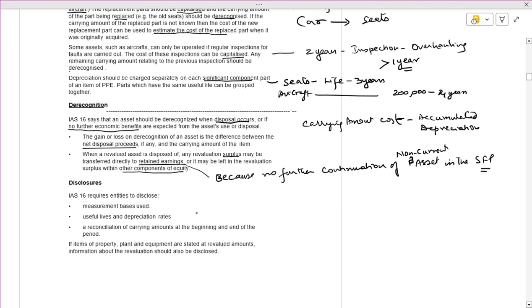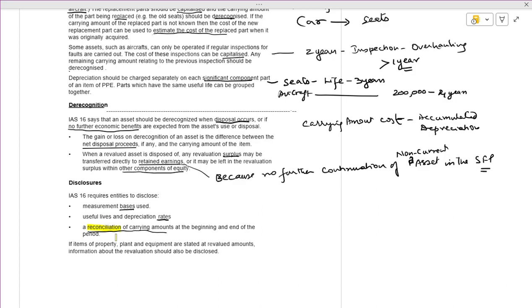How is the disclosure made when it is recognized? We have to mention the basis of measurement, the useful life and depreciation rates, and we have to make a reconciliation. Always make it a point that at any point of time, there is a reconciliation.